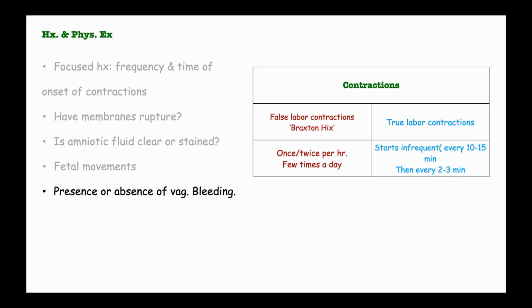Now, the Braxton-Hicks contractions usually occur once or twice per hour, and usually occur a few times within a day. Whereas the true labor contractions start as infrequent, about every 10 to 15 minutes. Then as time goes on, they become frequent, about every 2 to 3 minutes.